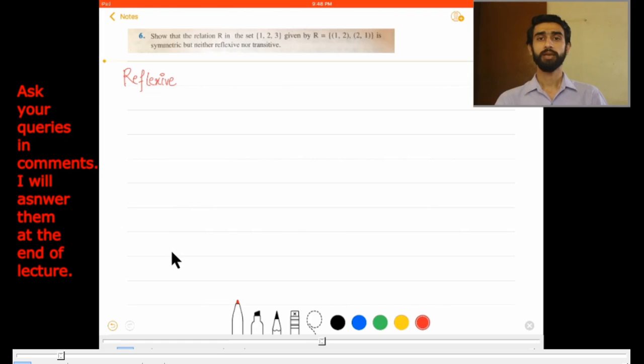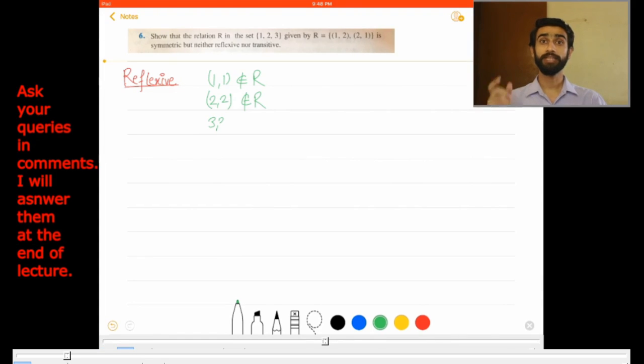So let's check. We know the conditions of these relations. Let's first check the reflexive relation. What is the condition for a reflexive relation? If there is an element in set A, its pair with itself must be in the relation. If 1 is an element of the set, then (1, 1) must be in it.